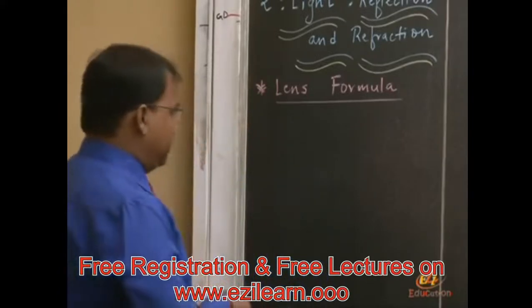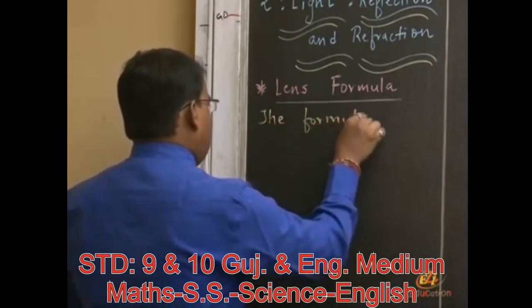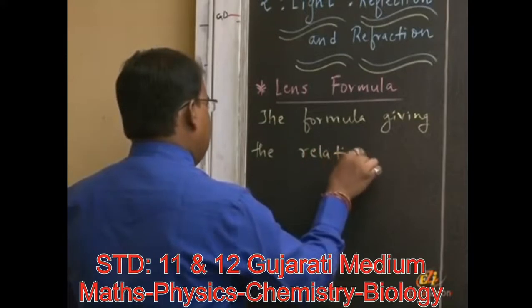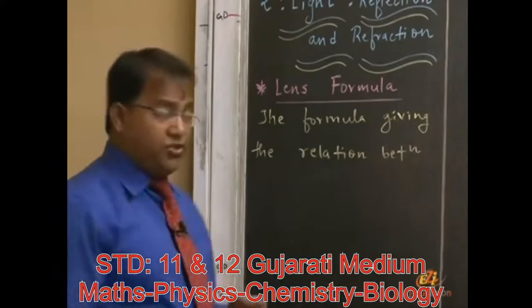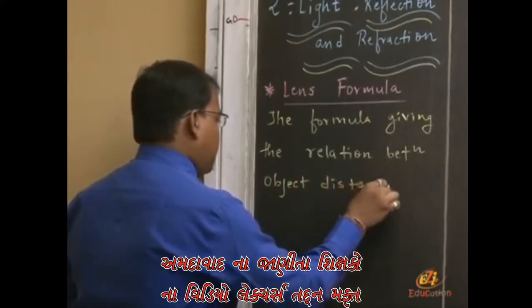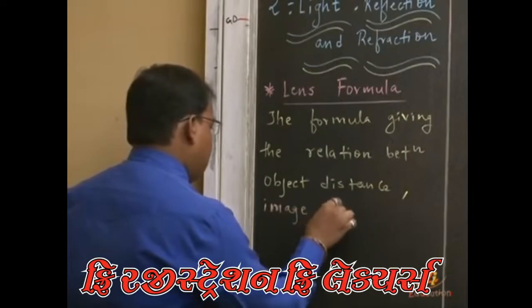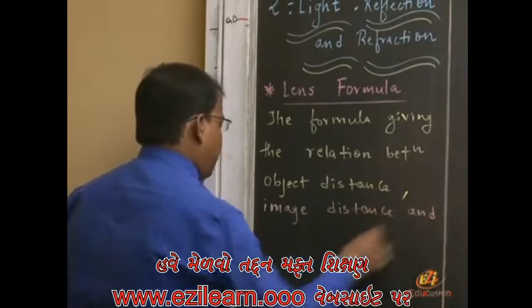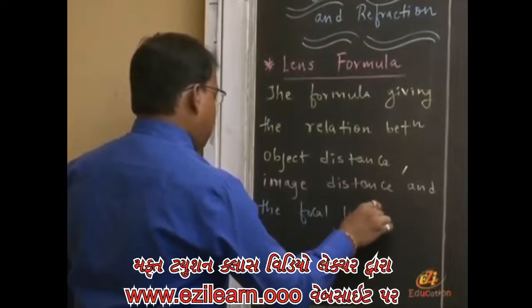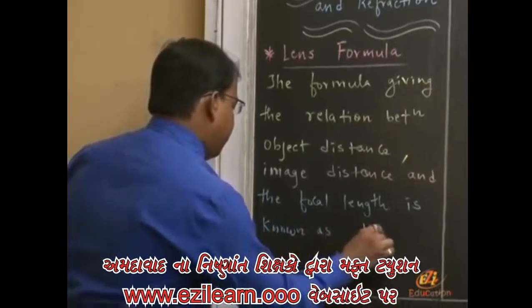So let us write down the definition. The formula giving the relation between object distance, image distance and the focal length is known as the lens formula.